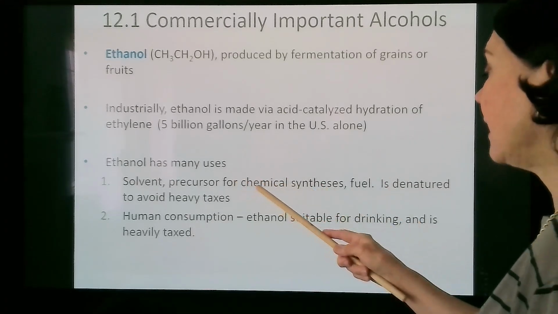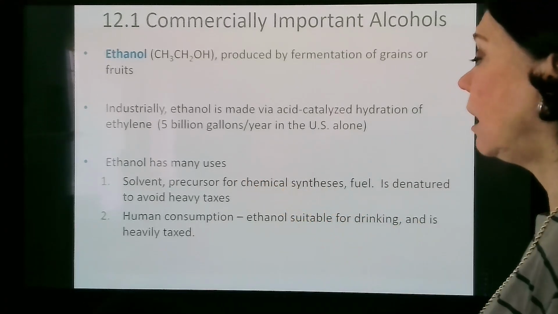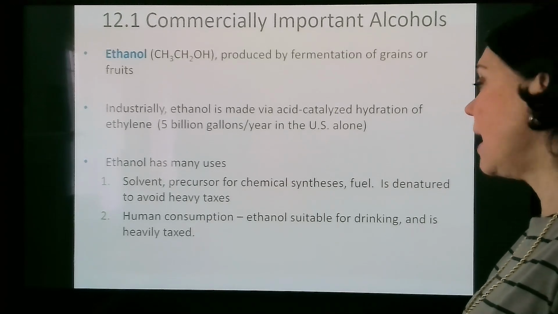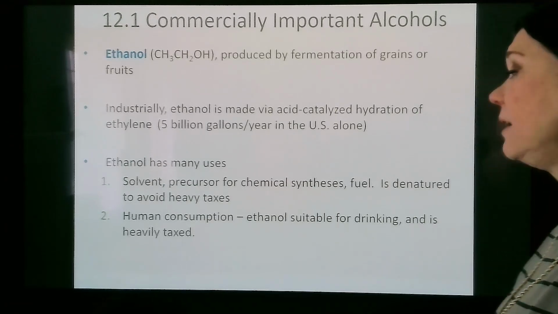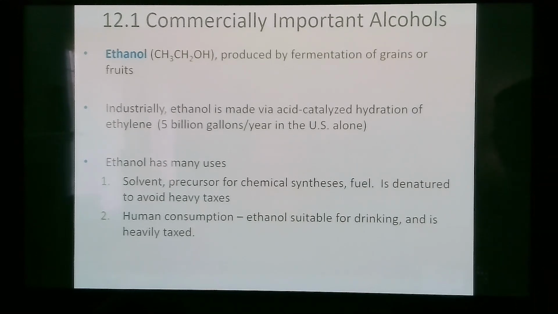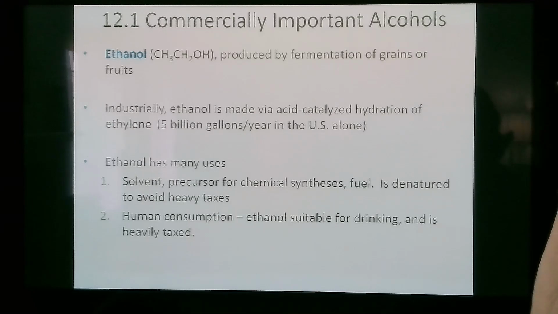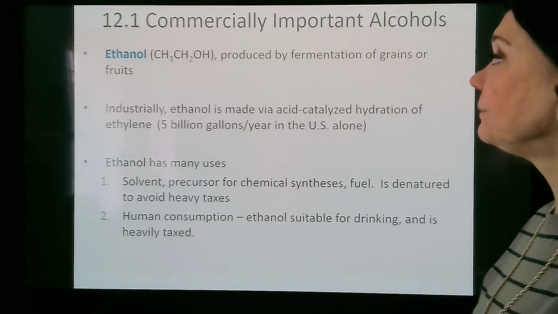And here, in these cases, it's denatured. Usually a little bit of benzene will be added to it to spoil the taste. And then also human consumption. Ethanol is suitable for drinking, and in those cases, it is heavily taxed.